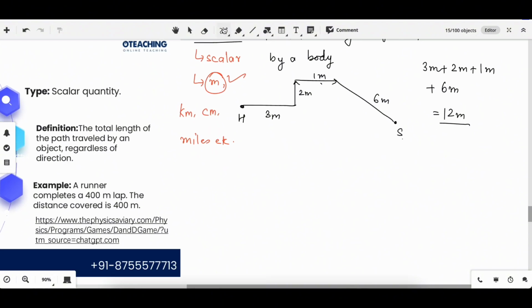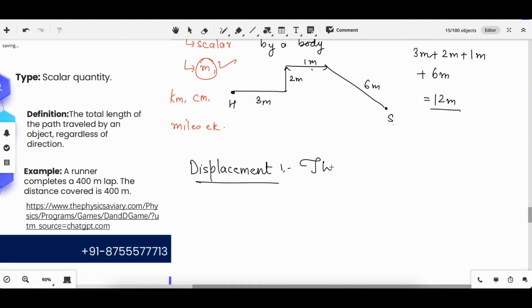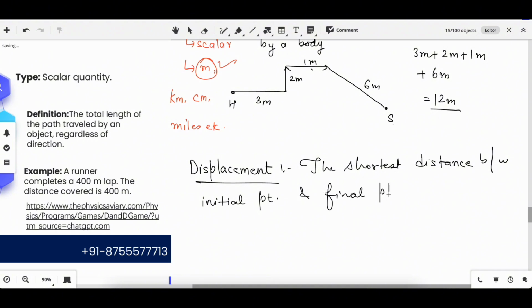Then we come to the quantity which is displacement. Displacement is the shortest distance between the initial point and the final point.